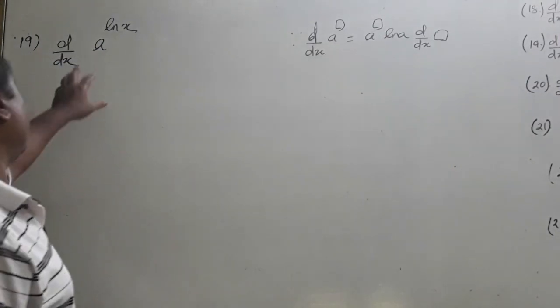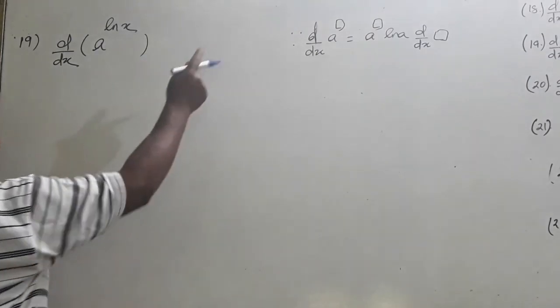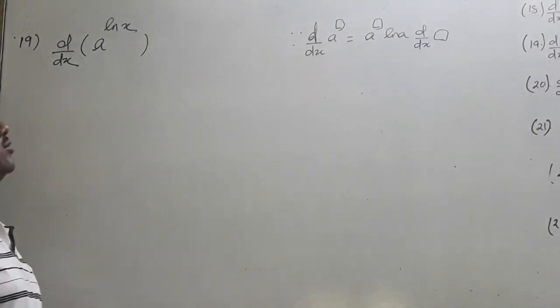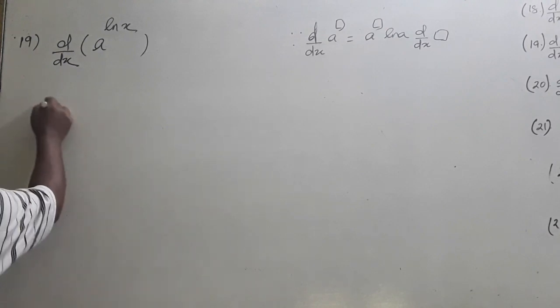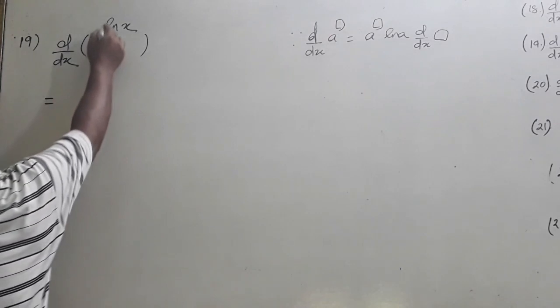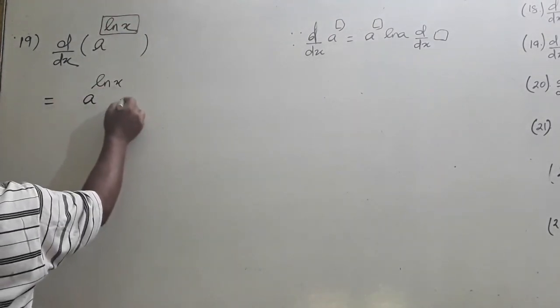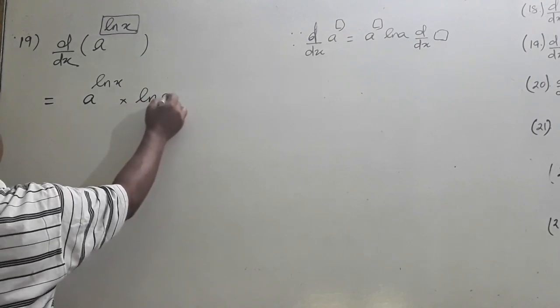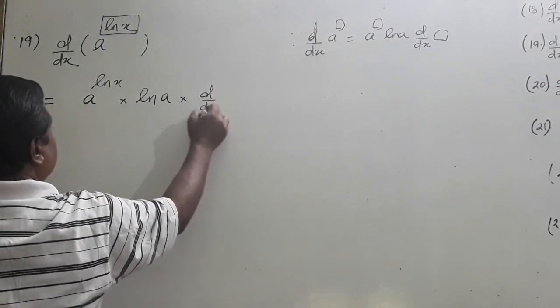Now look at this problem. A to the power ln x. We know a to the power box is what? A to the power box ln a into d by dx of box. So here very simple, it is a to the power, what is this box? Box is ln x. A to the power ln x into ln a, this a, into d by dx of that box.